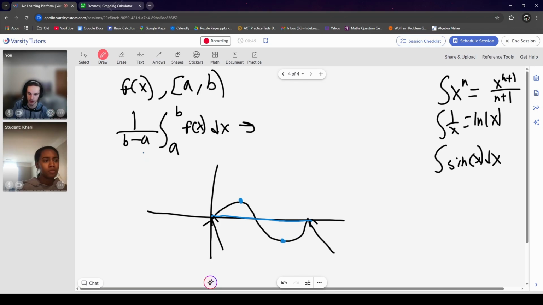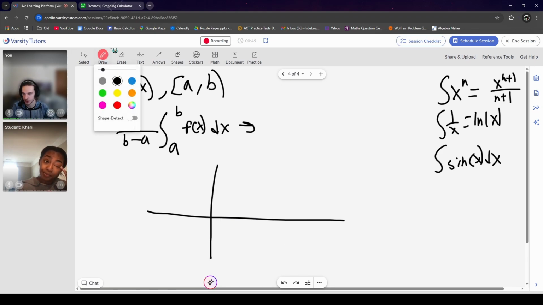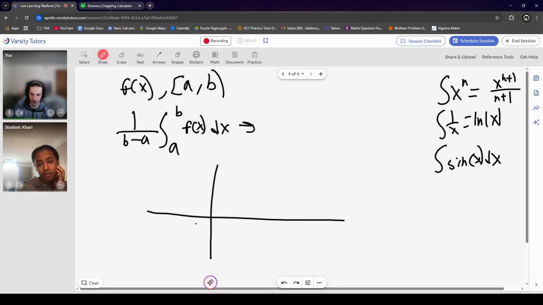If we had a function where that's not so clear, something like this, and we're trying to find the average value over this interval, we could use this. Maybe it looks like it's about here. Maybe that's the average, I don't know.